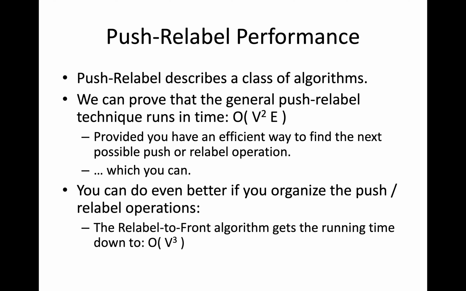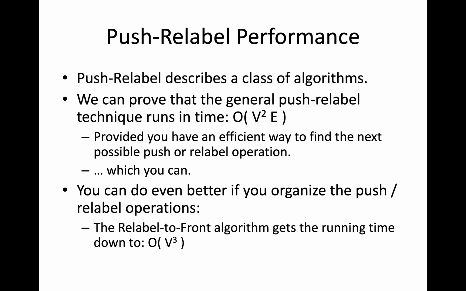This is for a generic push relabel, one that doesn't place any additional constraints on the order of push and relabel operations. There's a particular policy for push and relabel called relabel to front that says the order in which you might do push and relabel operations. And if you specialize the algorithm like that, you can get the runtime down even better.